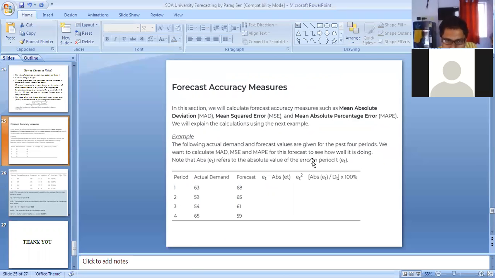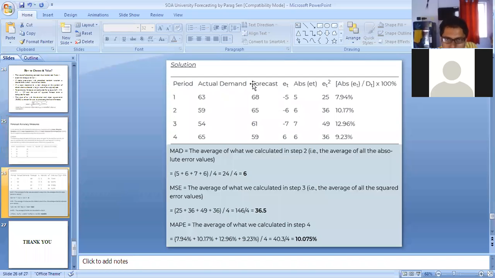Suppose you have these actual demands and these forecasted values. You will calculate the error: -5, 6, -6, -7, 6. Then the absolute values, the error square values, and then the absolute percentage error values.